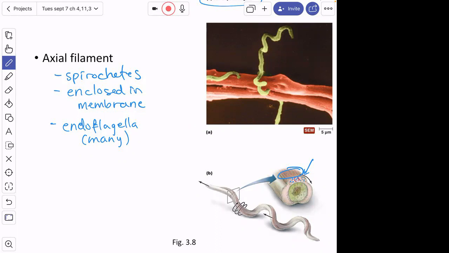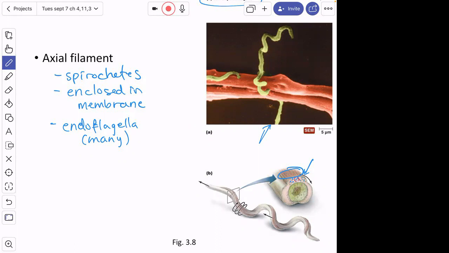And the organism pictured here, just in case you're interested, is Treponema pallidum. That's the organism that causes syphilis, right? So we think that because of that spiral motion, it can get into places where other organisms wouldn't be able to get into.